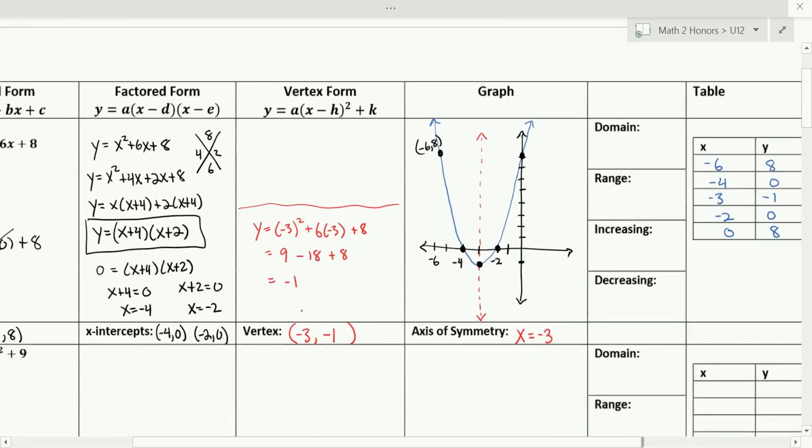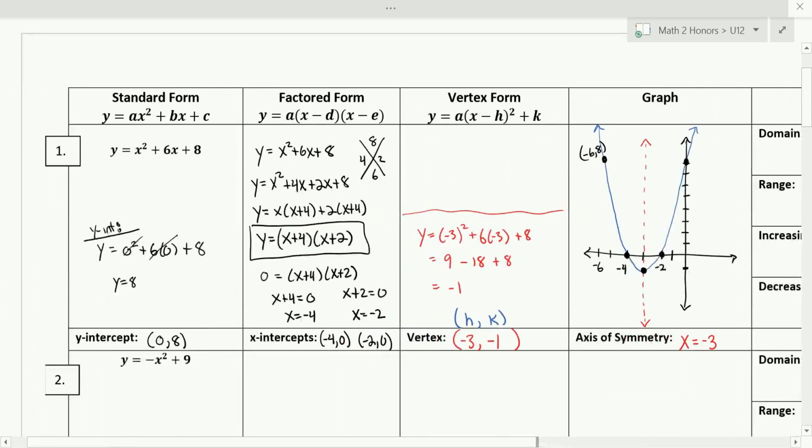So our vertex is in this form (h, k). We know h is -3, we know k is -1, and we can use that to get our vertex form of the equation. And also, if you go back and look, it says the a here is always going to match the a here. Okay, and so we can look and say, well, what number is in front of x squared over here?